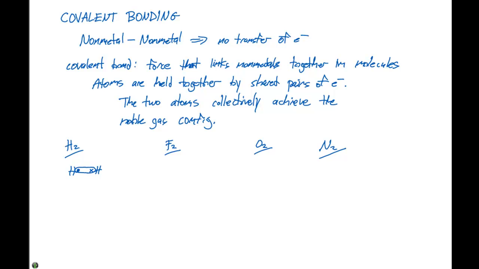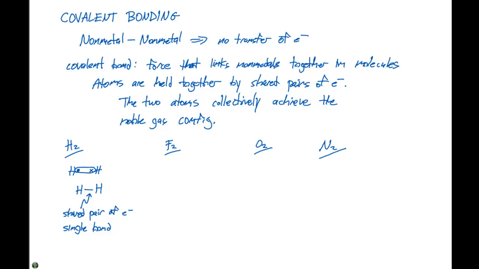And typically, when we represent this shared pair of electrons, we use a dash to indicate that a bond is forming between these 2 hydrogen atoms. And this dash is going to be our shared pair of electrons. And in the case of hydrogen, we call this a single bond.